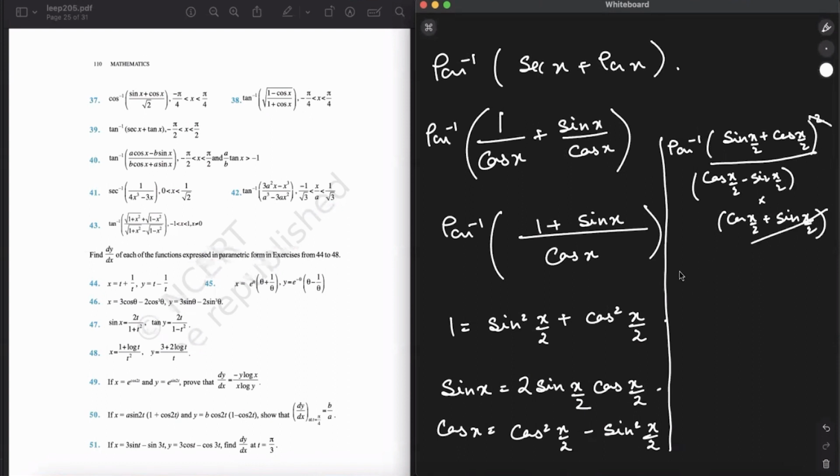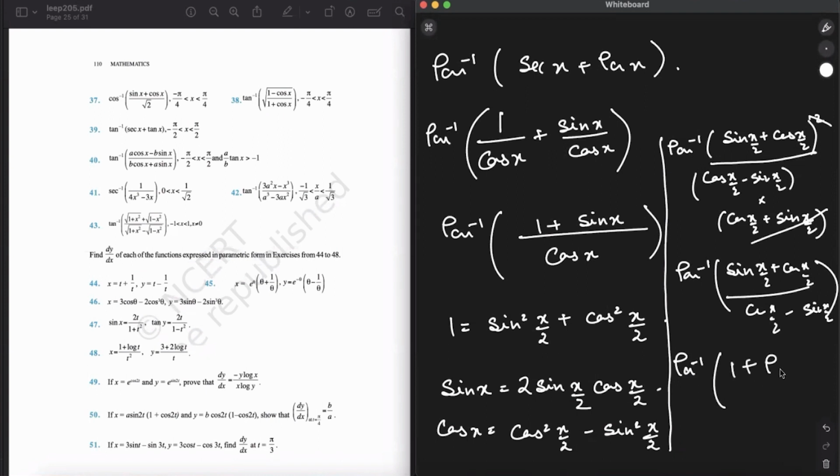Tan inverse, if I divide the whole term by cos x by 2, what will we get? I'll get 1 plus tan x by 2 over 1 minus tan x by 2.